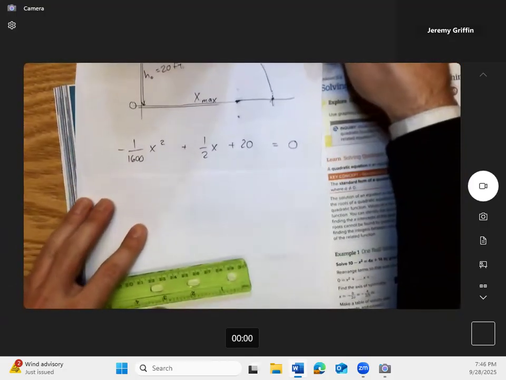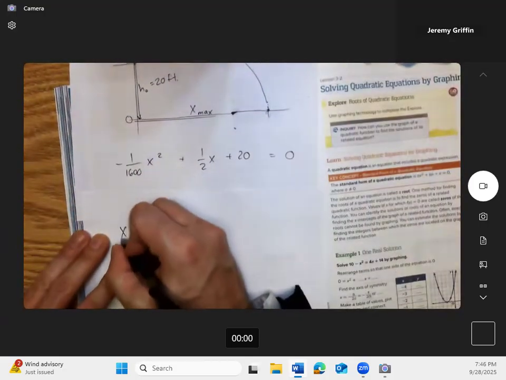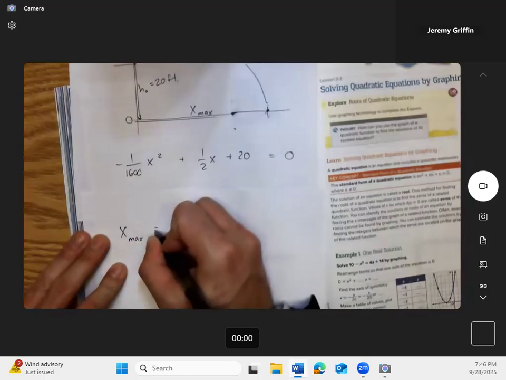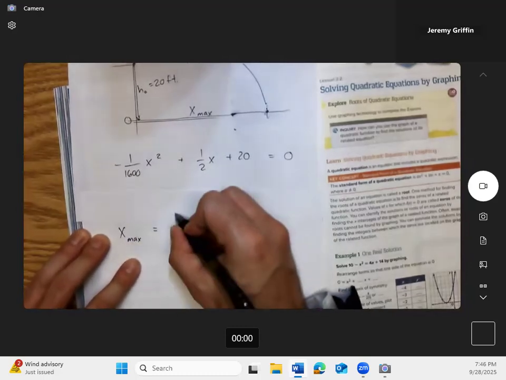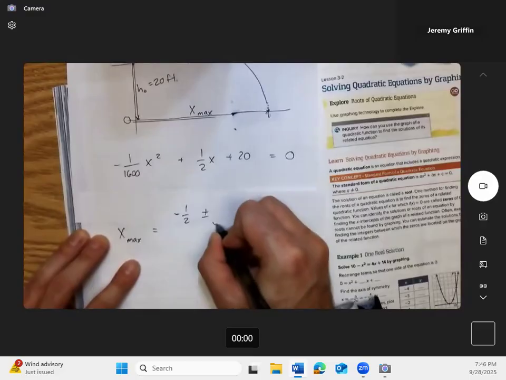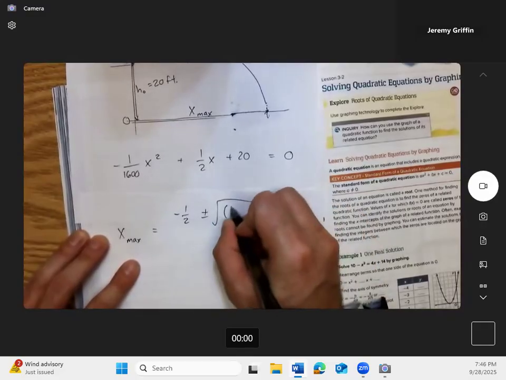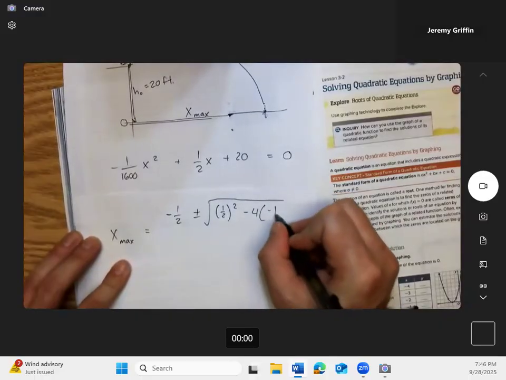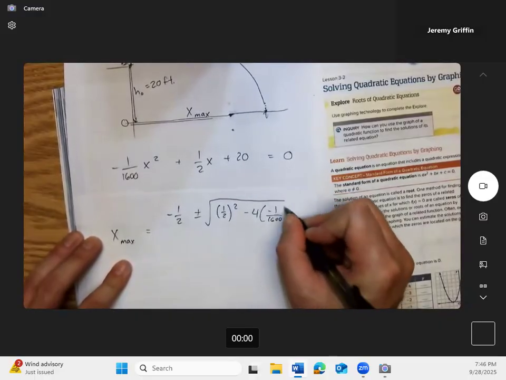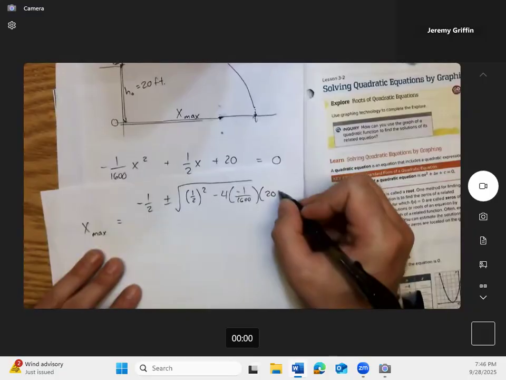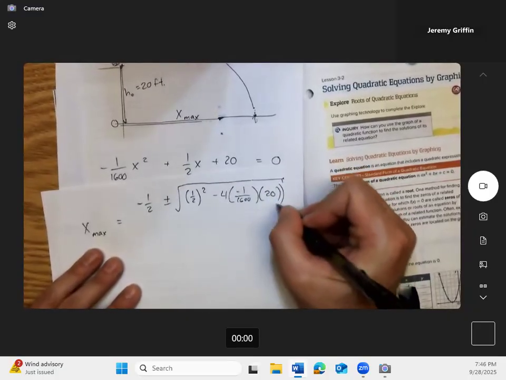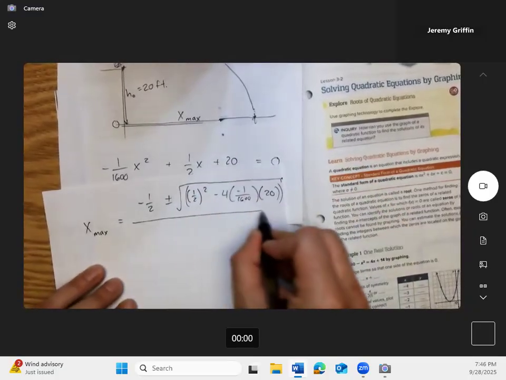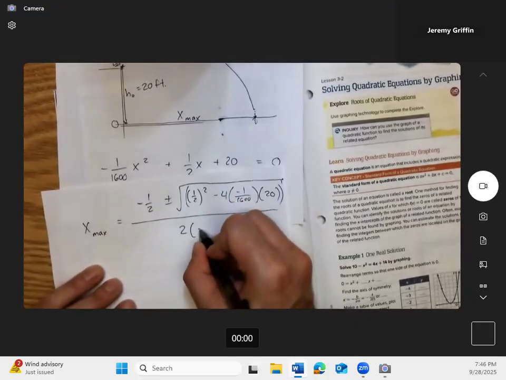So x max would be at negative b plus or minus the square root of b squared minus 4ac, all collectively divided by 2a.